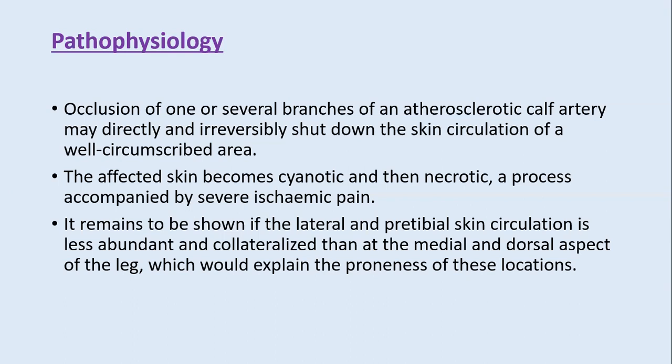It remains to be shown if lateral or pretibial skin circulation is less abundant and collateralized than the medial and dorsal aspect of the leg, which would explain the proneness of these locations. So this means that the more predisposed sites for arterial leg ulcer are the lateral malleolus and dorsum of the foot rather than the medial foot, although it is not sure if these areas are deficient in collateral circulation as compared to the medial side.